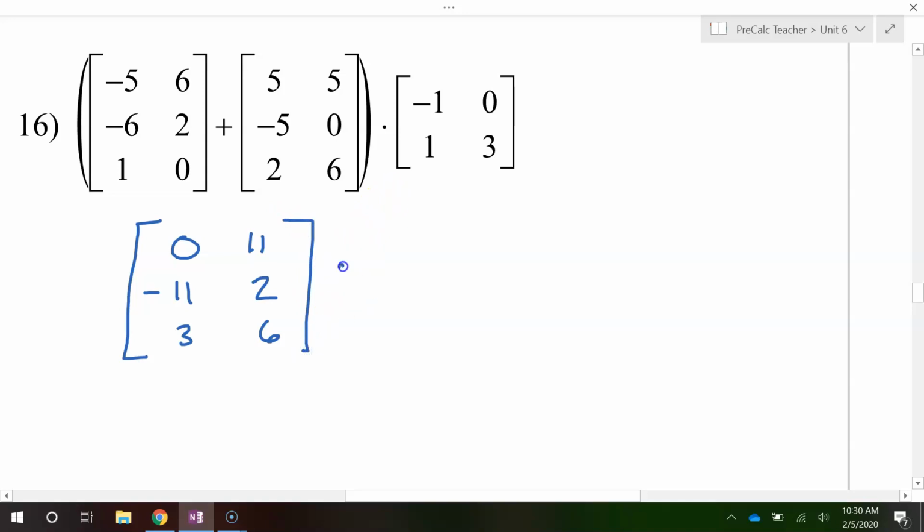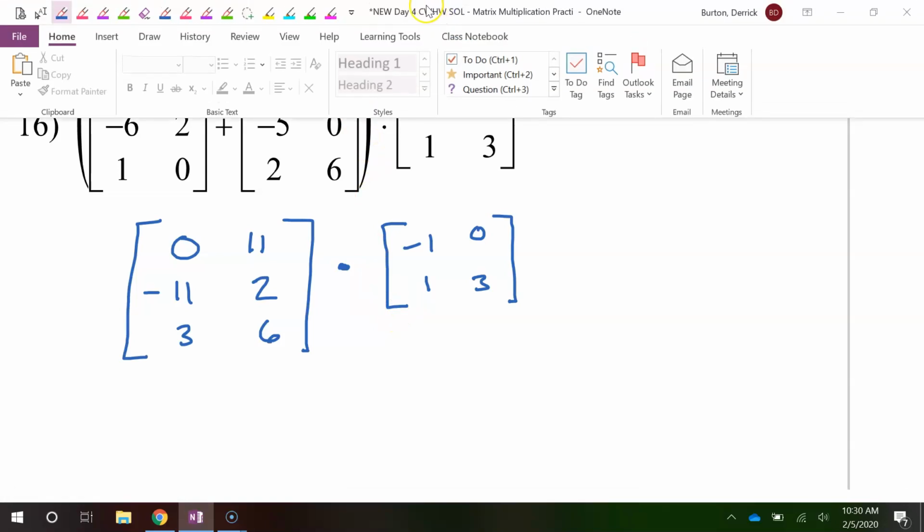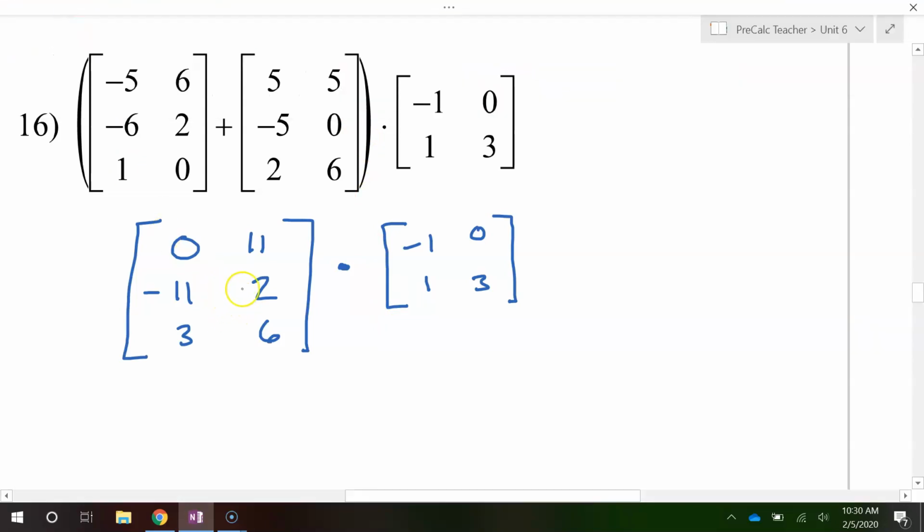Next, we need to take this and multiply by the 2 by 2 matrix, -1, 1, 0, 3. So, how do you multiply two matrices together? Well, first you have to decide if the matrix multiplication is even possible. It might be undefined.